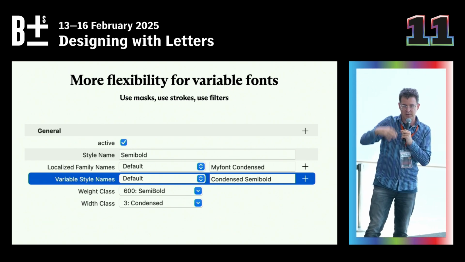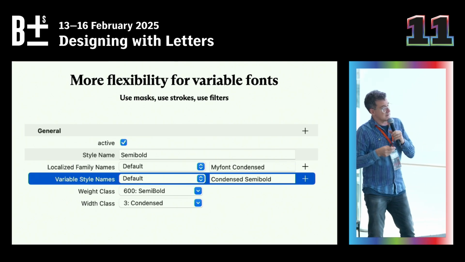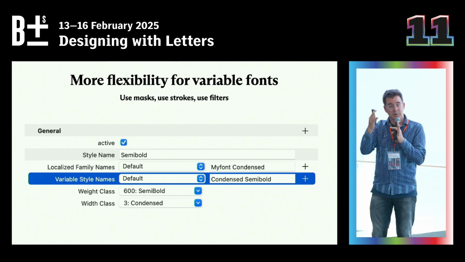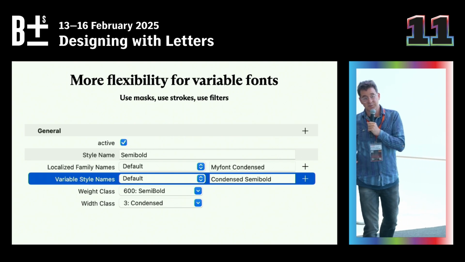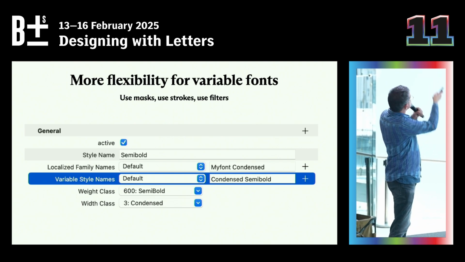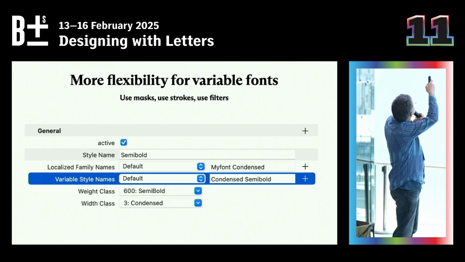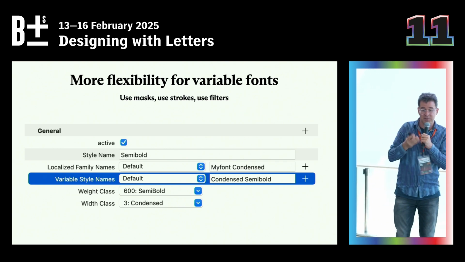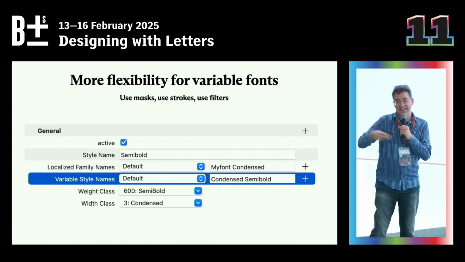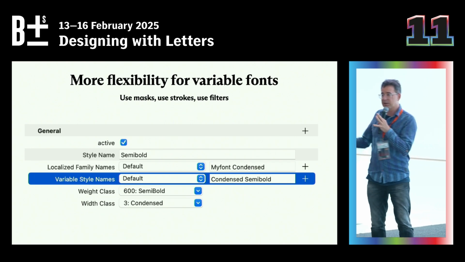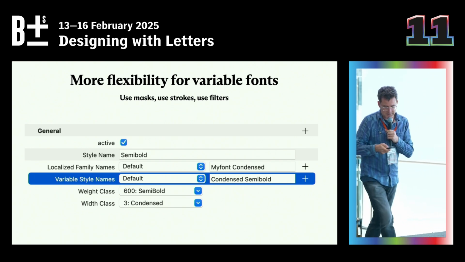Light, regular, medium, semi-bold, etc. Now, in a variable font, you'd have both axes combined, right? And that means that you have a different setup for your style names, right? And whereas the style name is semi-bold for the static condensed family, it has to be condensed semi-bold for the variable font. And you can put both now in the same export.